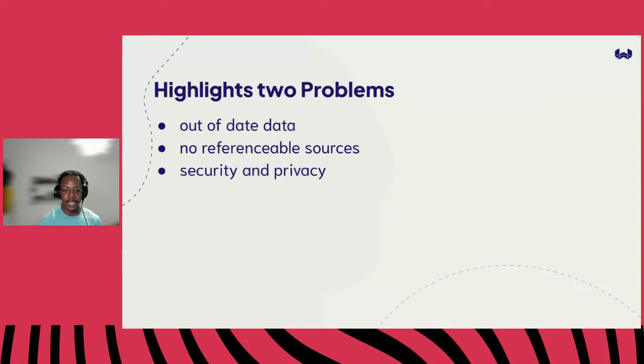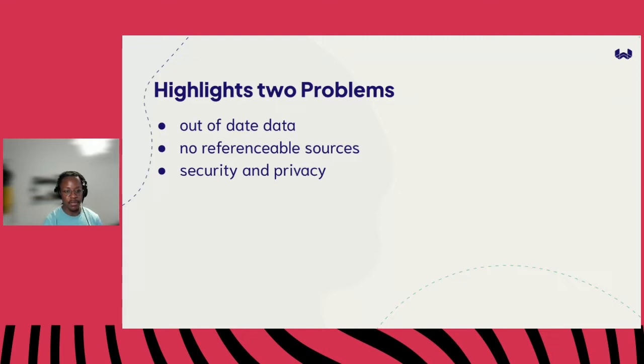We have really no way of knowing that this prediction came from this specific place, because this is just what the LLM outputs. And then of course it goes without saying that there's a huge security and privacy issue that comes with having customer data interact with a tool that is behind another company's wall.